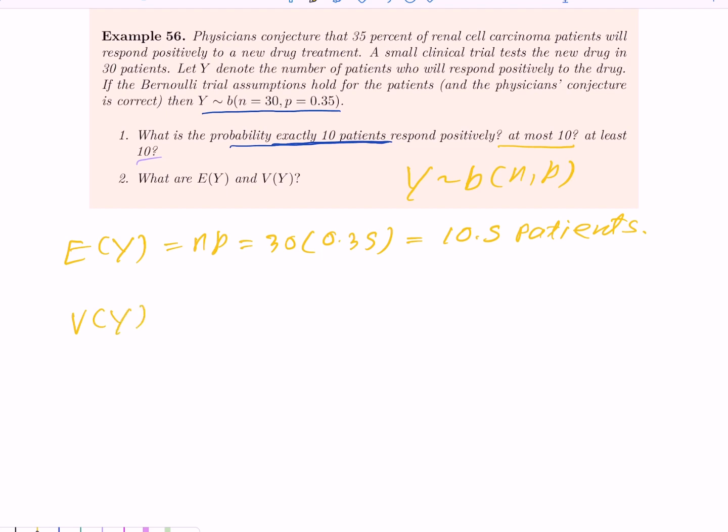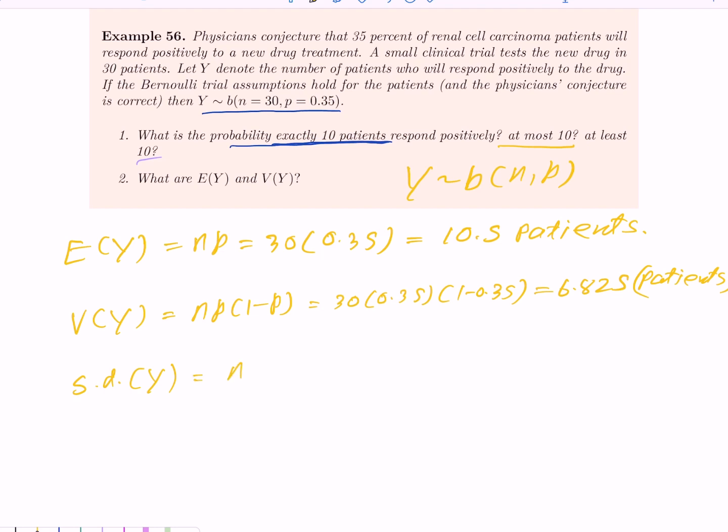Variance of y, what is that? np times 1 minus p. Then 30 times 0.35 times 1 minus 0.35. So that is 6.825 patients. But it is not just patients, it is the second power of patients. Then standard deviation of y.